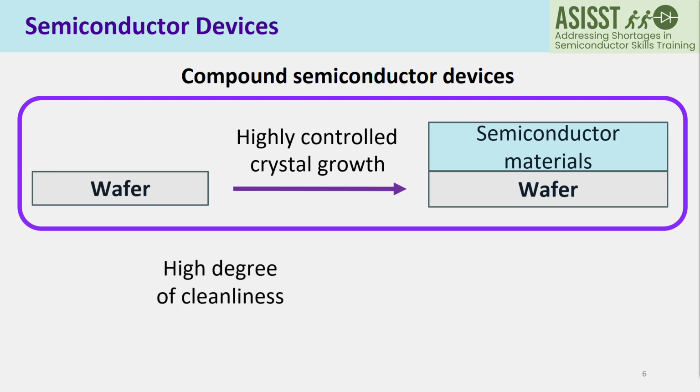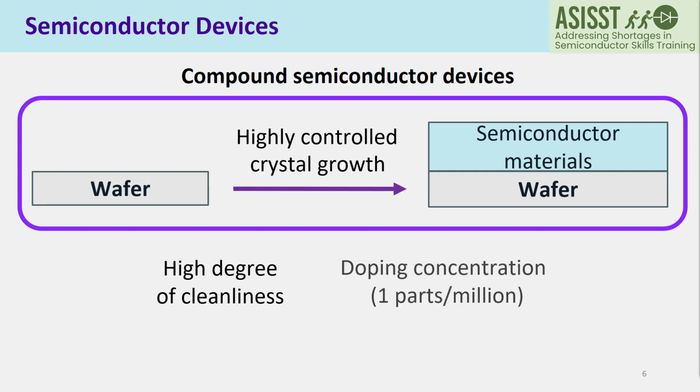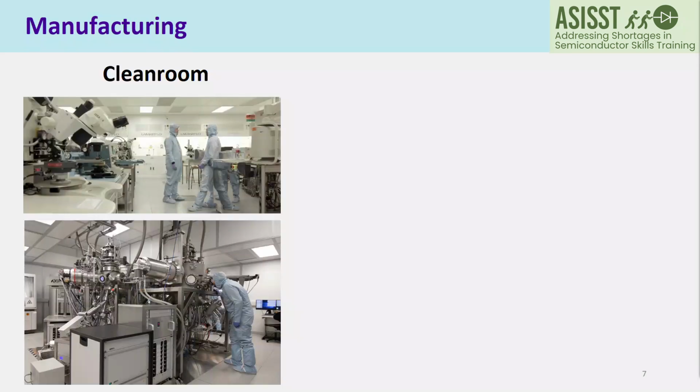For all semiconductor devices, whether silicon or compound semiconductors, all the manufacturing processes following the wafer production demand a very high degree of cleanliness. After all, typical dopant concentrations used in semiconductor devices are in the region of 1 part per million.